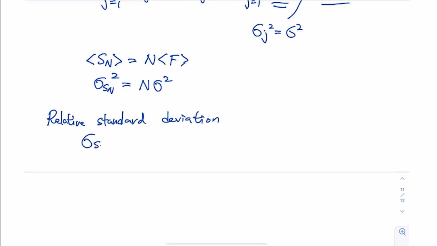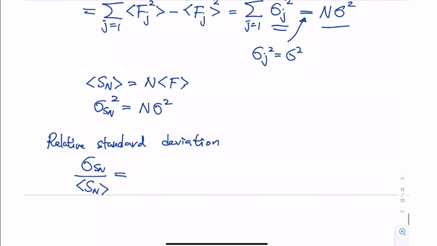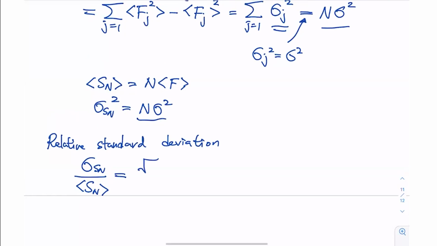It's basically the ratio of the standard deviation with respect to the mean value. It makes sense to compare these two quantities, because the mean value tells you what the mean is, and the standard deviation tells you that your results might have some random fluctuation, and how far away this fluctuation is from your mean value. Okay, and what we have found is that we just plug in what we have, so we get something like this.